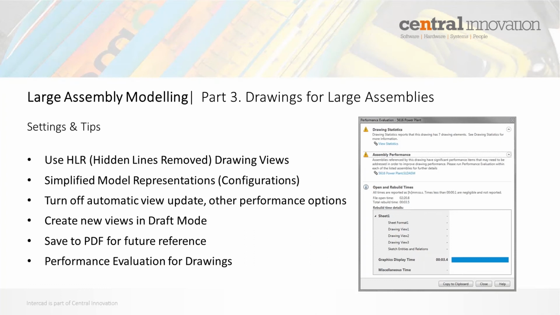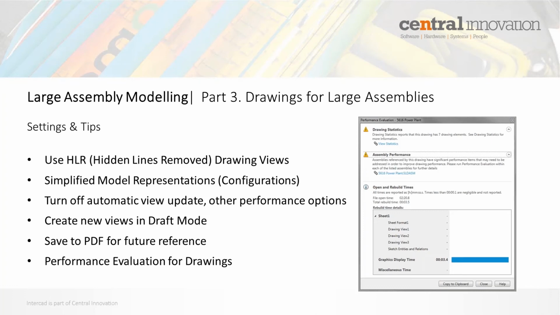They are more expensive in terms of the drawing rebuild times and performance than hidden lines removed are. Hidden lines removed drawing views have fewer edges to draw, and they also generate an update faster because they're not accessing that underlying information.